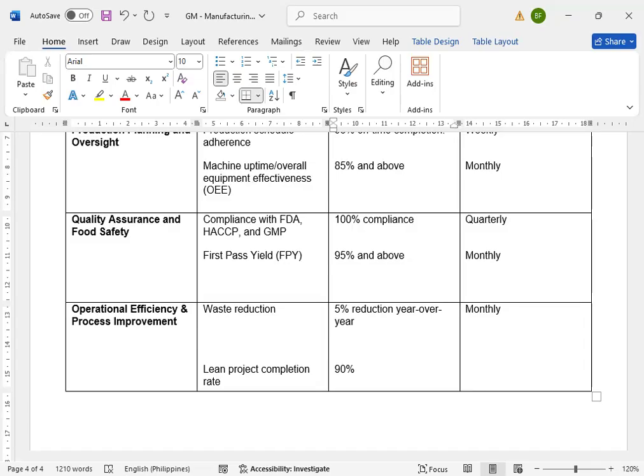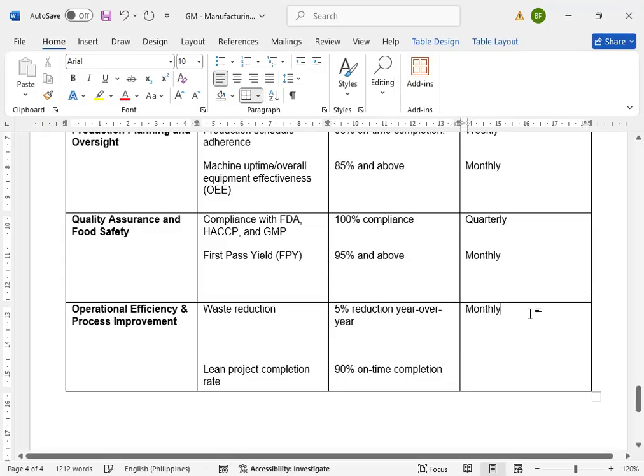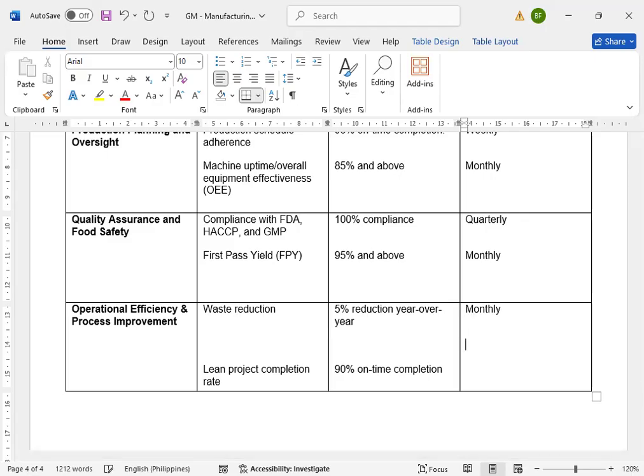Okay. On time completion. So we should ask his men to give more focus on this lean project. Very important for the business. The production cost performance. Okay, and he should be doing it quarterly.